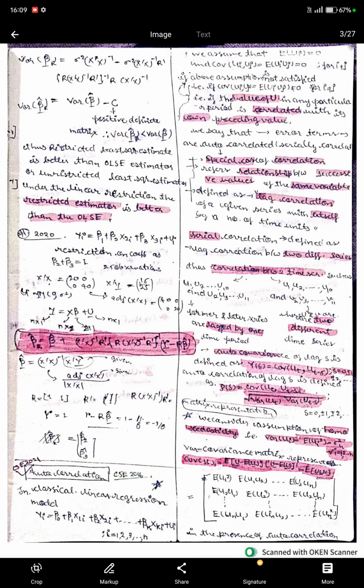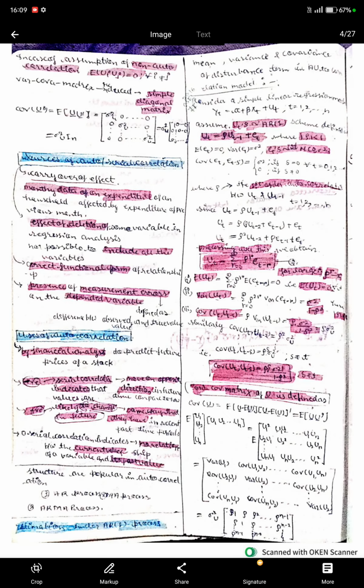In case of the assumption of non-autocorrelation, expectation of ui comma uj equals 0 for all i not equal to j. So the variance covariance matrix reduces to a simple diagonal matrix in the absence of autocorrelation.